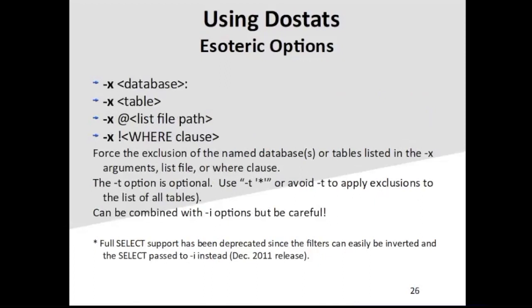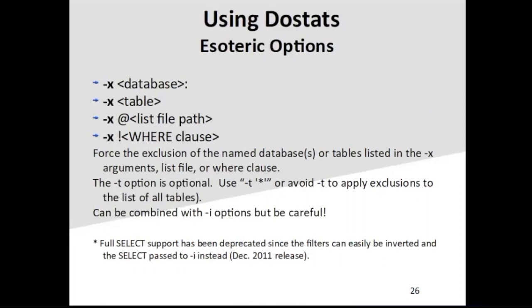Similarly, we have the dash X options. With dash X, you can exclude a database, so do all the databases that were specified by the dash D option, except this one. I can do dash D S star, and that might do sysmaster and sysadmin and sysuser and et cetera. But if I specifically wanted to not do sysuser, I could do dash X sysuser, and that would exclude sysuser from the databases that are processed based on the dash D spec.